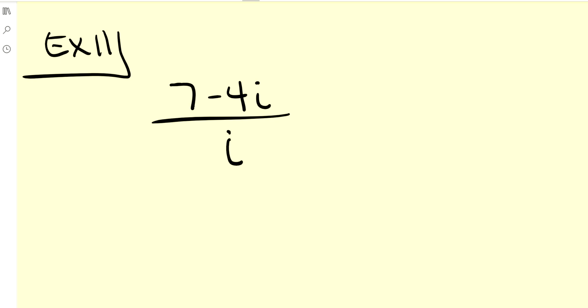So what we've got to do now is multiply by the conjugate of this denominator. If the denominator is just a single term as it is, then the conjugate of i is going to be negative i, top and bottom. Negative i over negative i. All right, so let's see what happens.